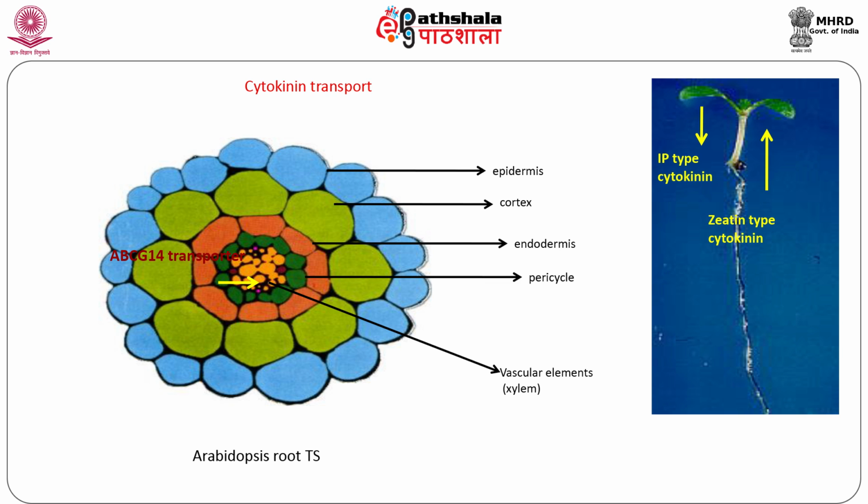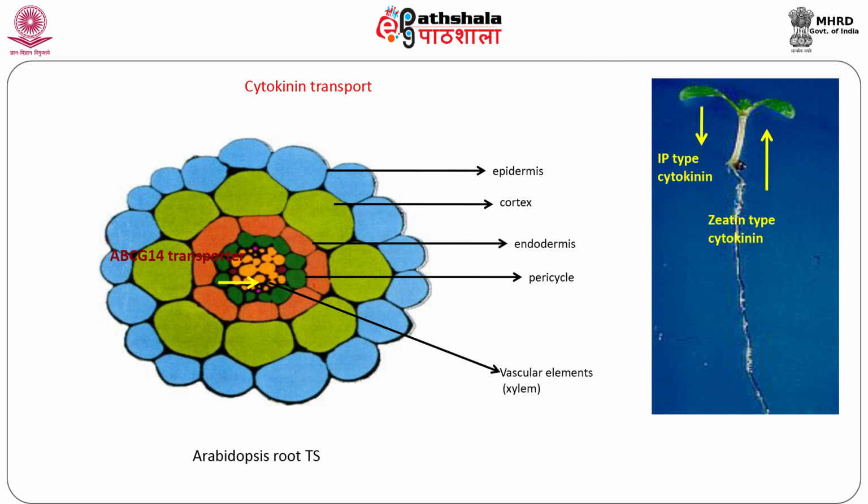These transporters move the cytokinins into xylem from the neighboring cells of the stem. Mutants defective in these transporters show poor shoot development. The IP type cytokinins are synthesized in the shoot and transported via the phloem through specific nucleoside transporters to other parts of the plant.